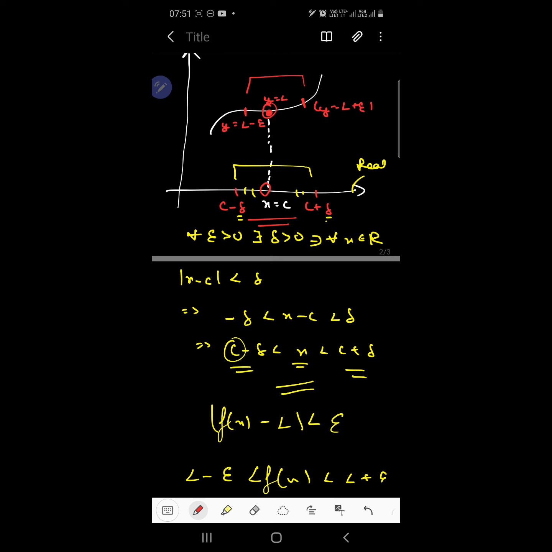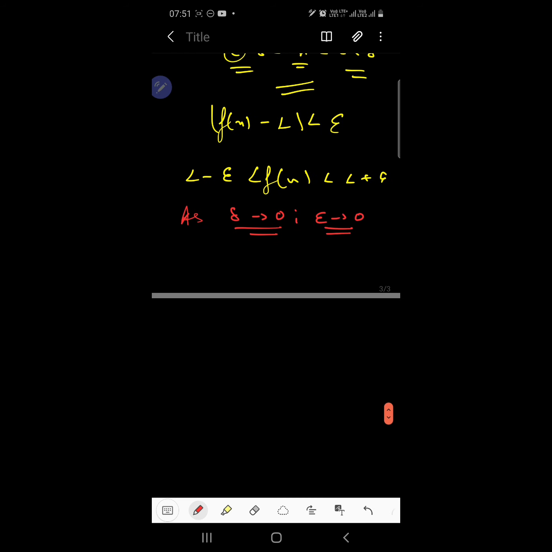Now if we take that epsilon is greater than 0, here delta is some function of epsilon. Basically this function of epsilon is always present in a linear or multiple way, such that delta equals k times epsilon.